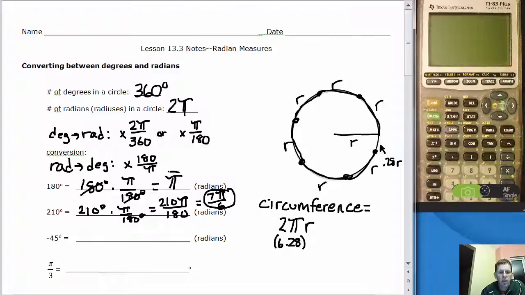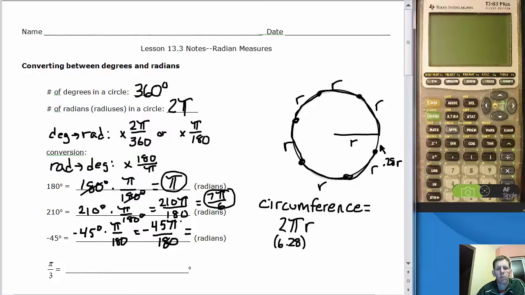What I'd like you to do is pause the video and see if you can convert negative 45 degrees to radians. So to convert, we take negative 45 degrees and multiply by pi over 180. That gives you the fraction negative 45 pi over 180. Now, it's obvious that you can divide both the top and bottom by 5.